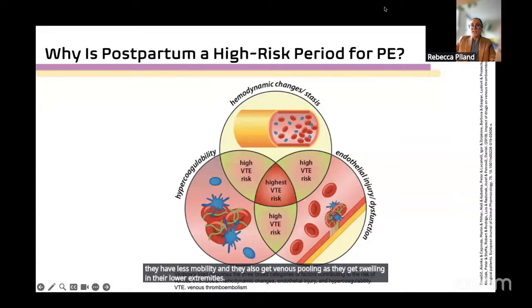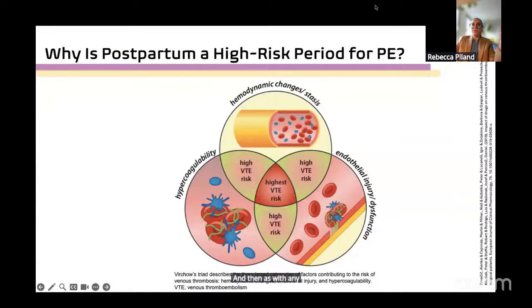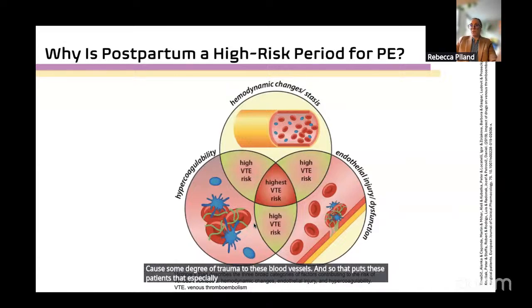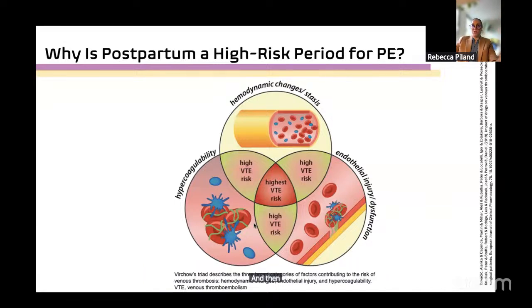And then, as with any traumatic injury, both vaginal and C-section deliveries cause some degree of trauma to these blood vessels. And so that puts these patients, especially in the first 6 weeks postpartum, at up to a 15 to 20 times higher risk for a blood clot. And then that puts them at a higher risk for a pulmonary embolus, as we've seen in Miss Diaz here.